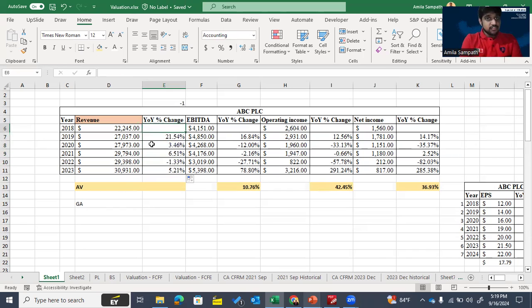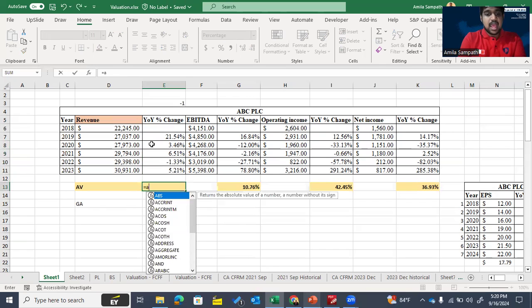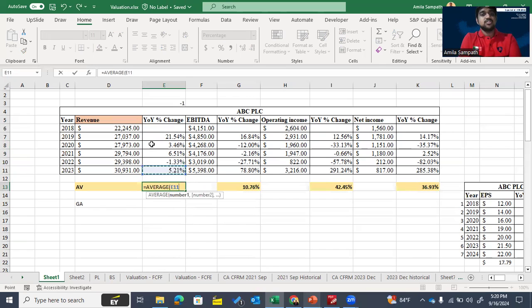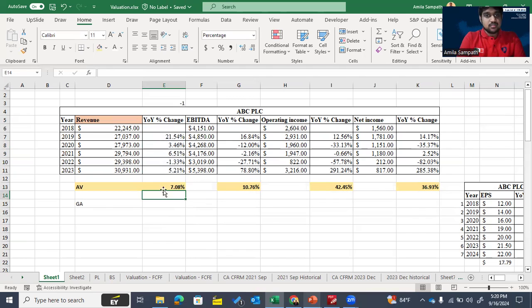Like this, first we need to calculate each year's revenue growth. Then the average of these each year growth rates we can consider as our arithmetic average growth. We need to calculate the average of all of these growth rates.